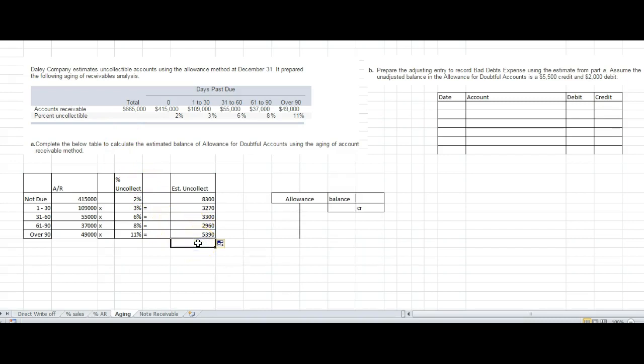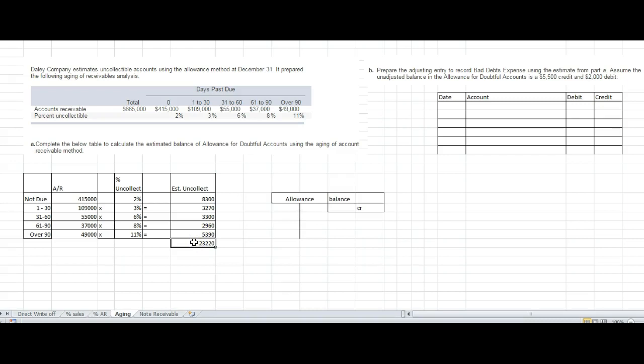And this is your total. And now you're ready. But this is going to be the amount of the entire accounts receivable that will be uncollectible.